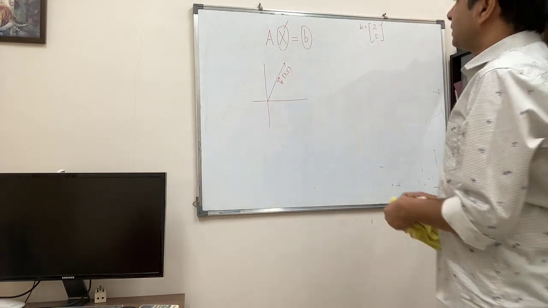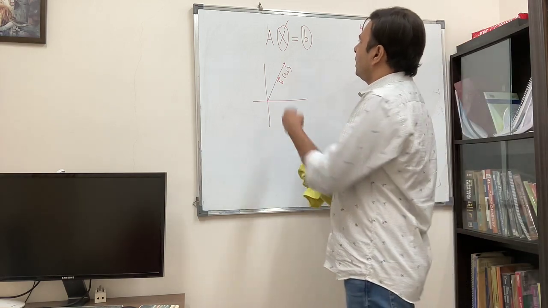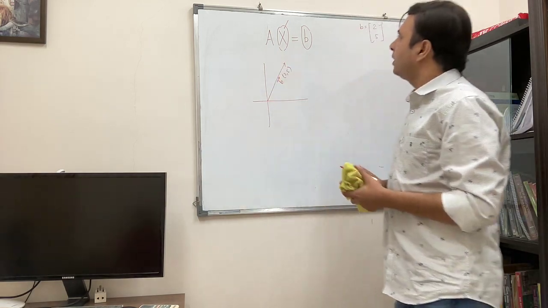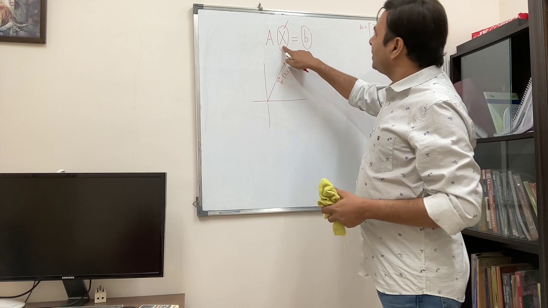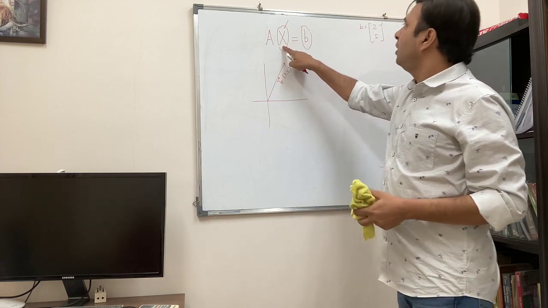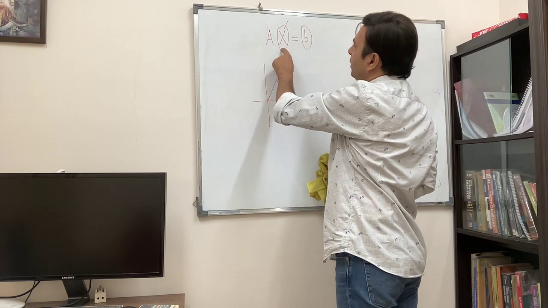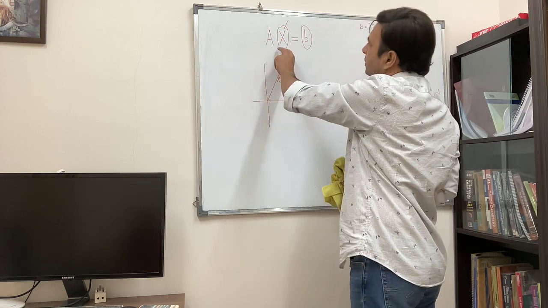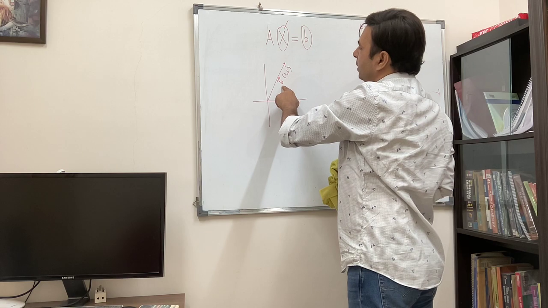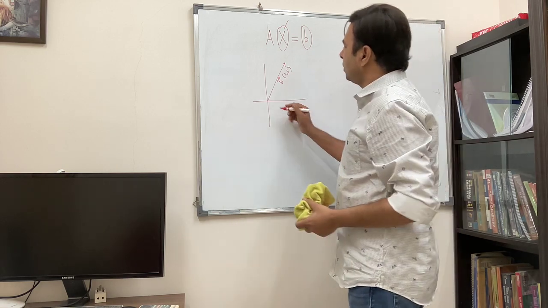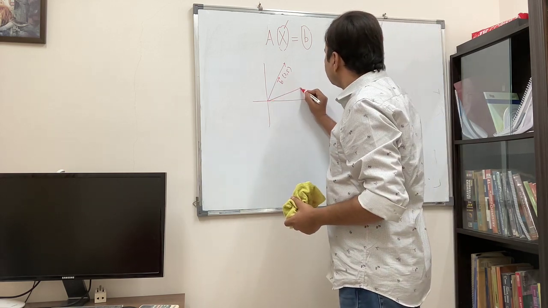So when I'm solving this problem, the question I'm asking myself is which vector x is it, which when A operates upon it, will stretch it and rotate it in such a way that it becomes vector b. So that is the question I'm asking myself: what is that vector x?